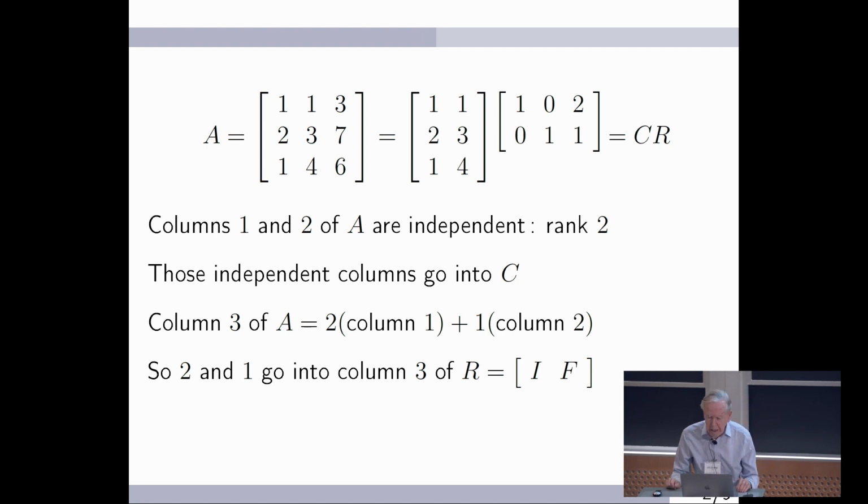R begins with the identity matrix, where it just reproduces those independent columns. And then the important new part of R is the last column, the 2 and the 1. And of course, that's telling us what combination of the two independent columns, so 2 times the first column plus 1 times the second, gives the 3, 7, 6 column.